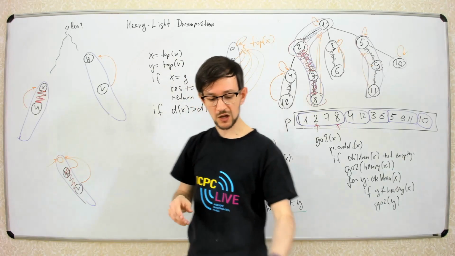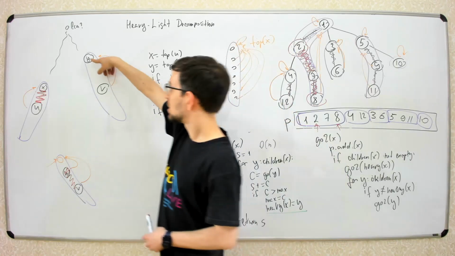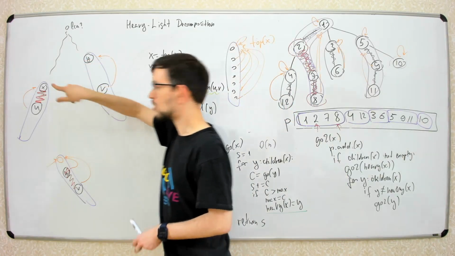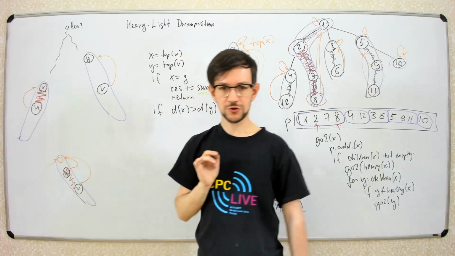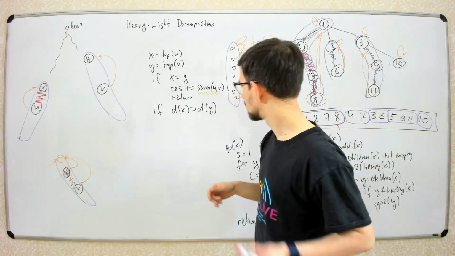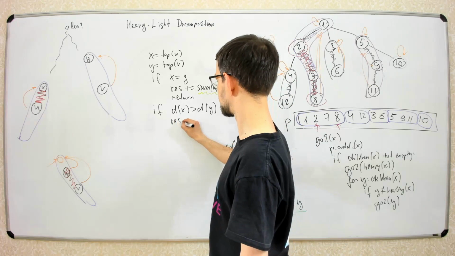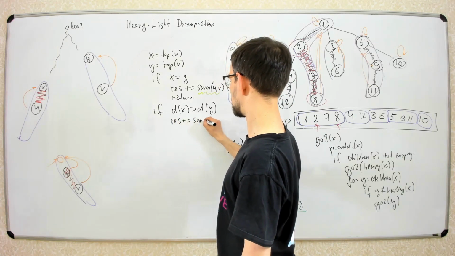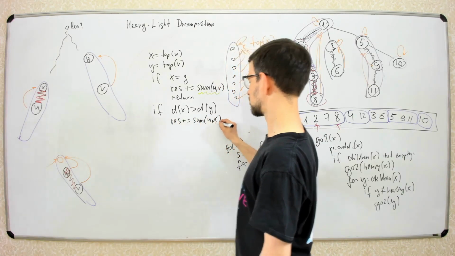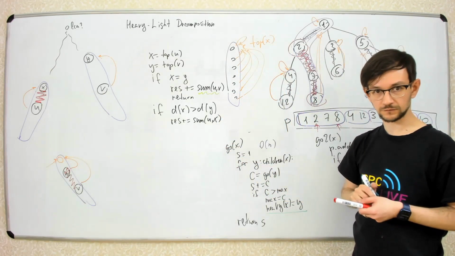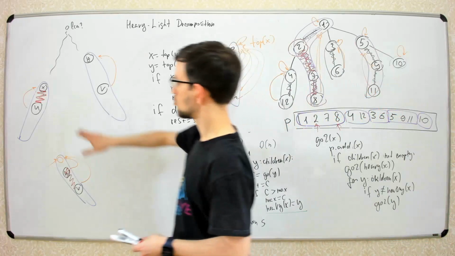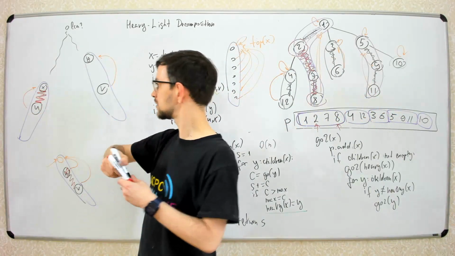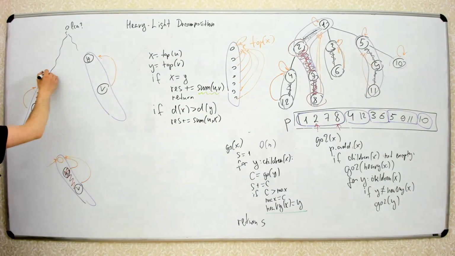Clear enough? So if you take the deepest of these two nodes, then you can add all the nodes on this path to your result. So you just add the sum from U to X to the result, and move the node U. So you added these nodes to the result, and now you can move U to this position.